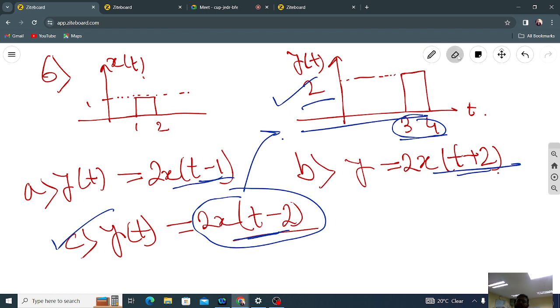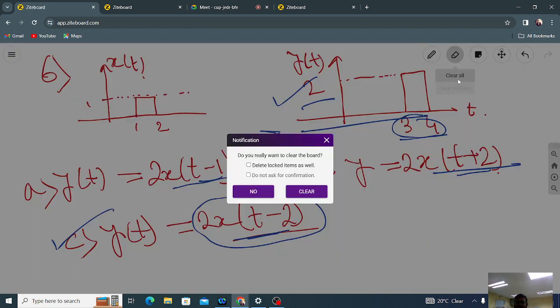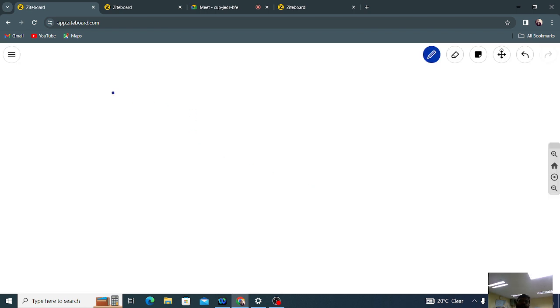Okay. The next question. Question number 7. Again I am drawing two signals and we have to say how the signals are related. It is from 1 to 3.